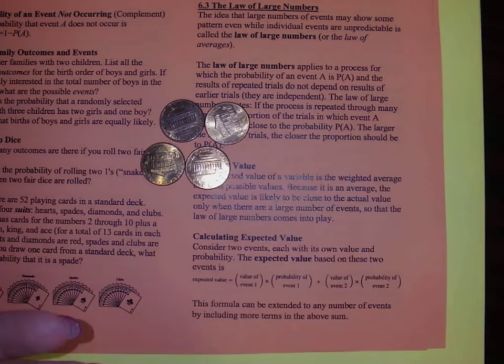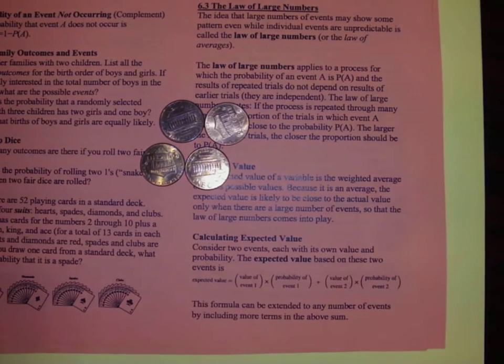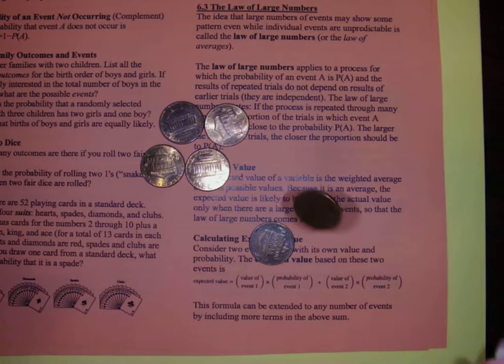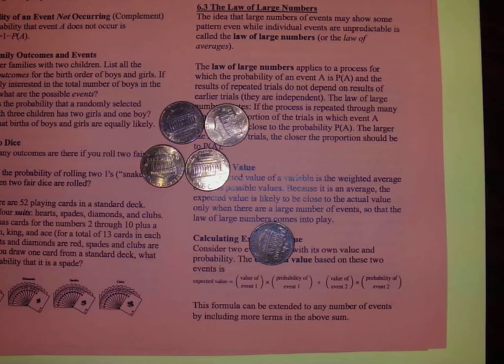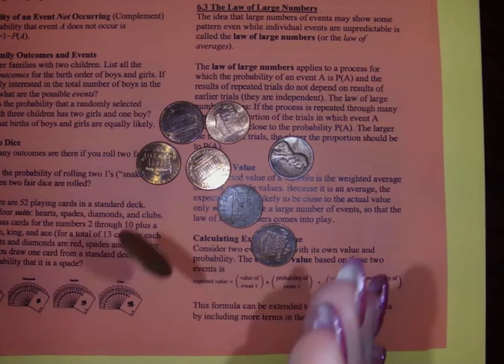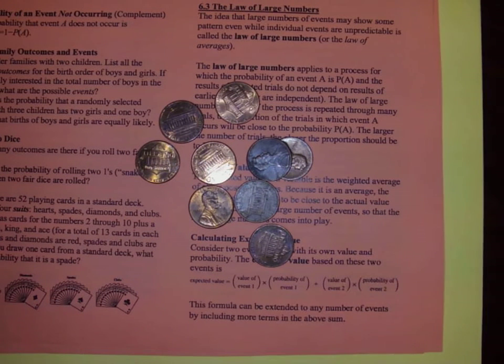Let's keep going. But I didn't even really flip, it just flew out of my hand. Okay, this one flipped up heads. We're getting a lot of tails today. There's another head. That's another tail.